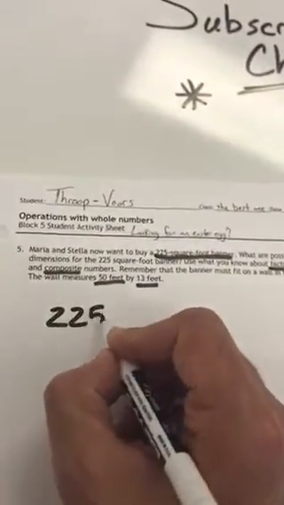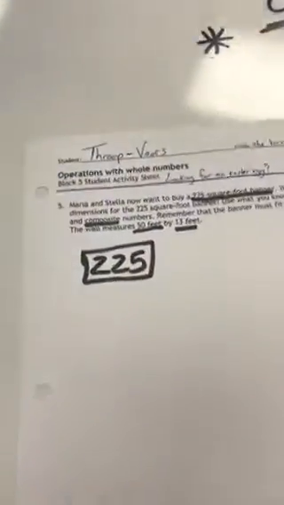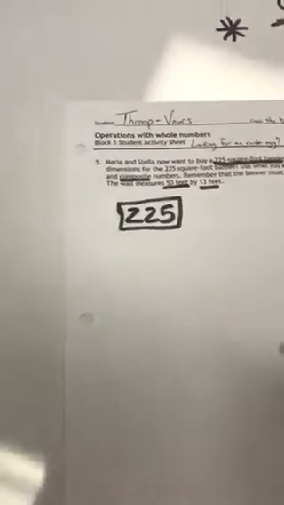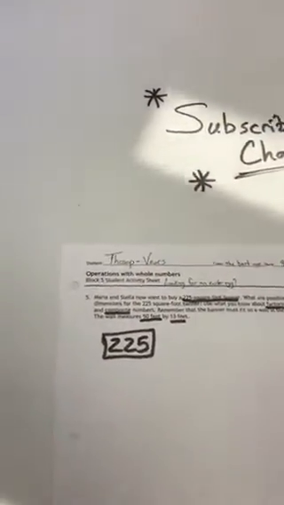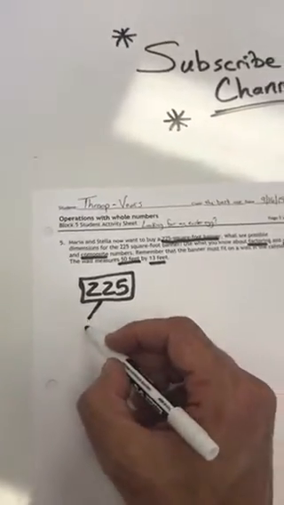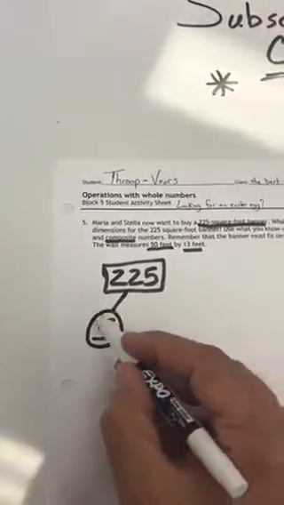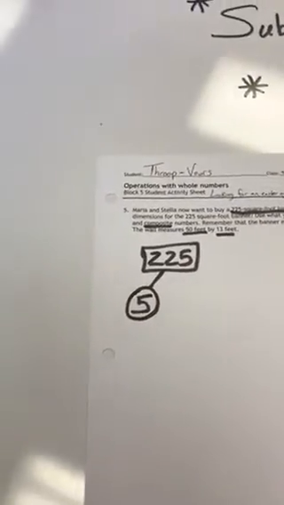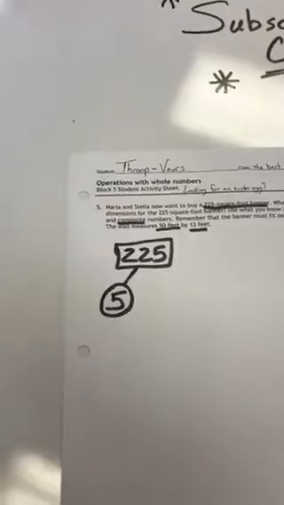So I go back here and I say, all right, let's list some of our factors for 225. And I know one way I can get some factors of 225 is to do a factor tree. So I think about it, it ends in a 5, so 5 is going to be a factor. So I know that 5 is the lowest prime number that will go into 225. So I'm going to start with 5 and think about, okay, I know that 5 goes into 100 20 times because it takes 5 nickels to make $1.